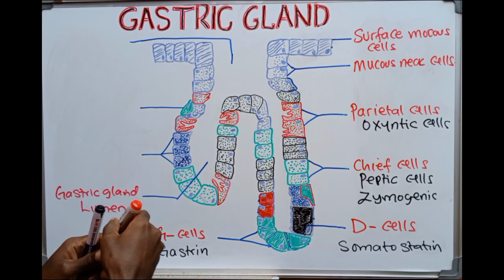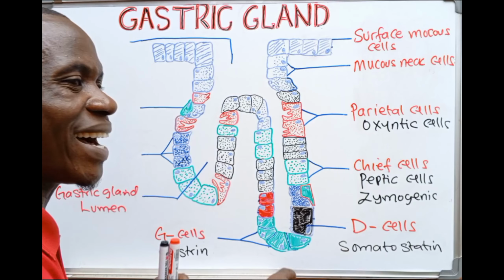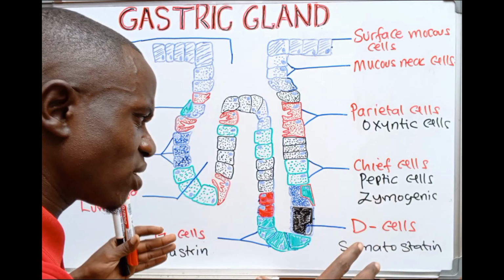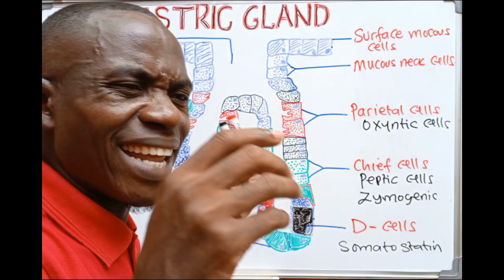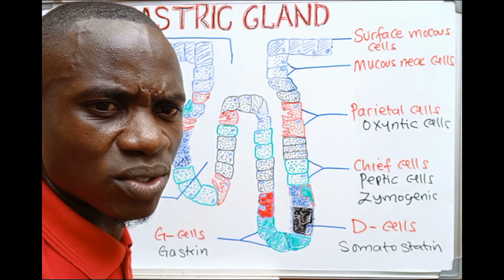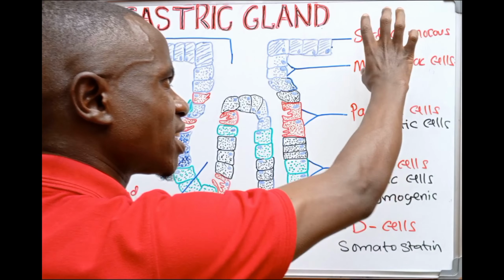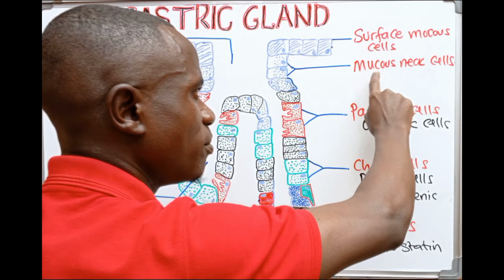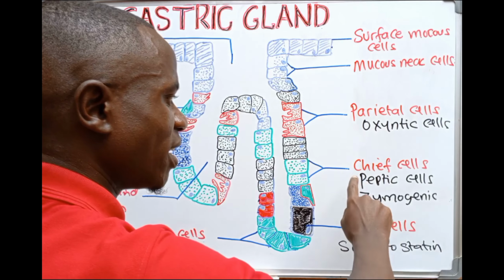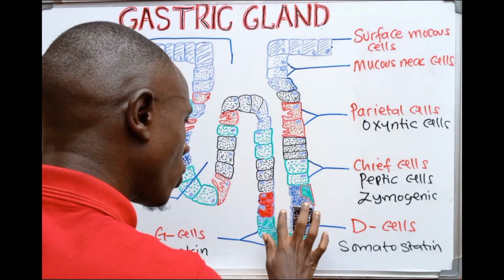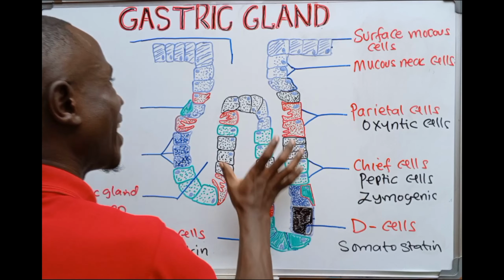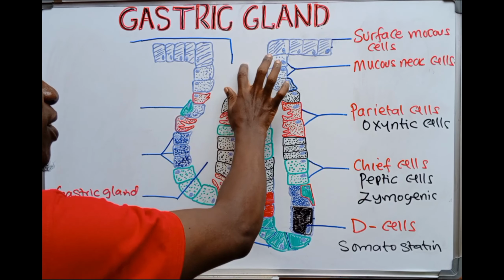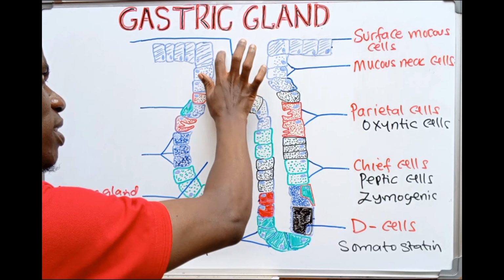Okay. So now the G cells and the D cells are enteroendocrine cells. Their secretions pour directly into the blood. They are not part of the gastric secretions, okay? We only have the secretions from the surface mucus cells, the mucus neck cells, the parietal cells, and the chief cells, whose contents get stored in the lumen of this gland and get moved into what we call this space. You know how we call this space?